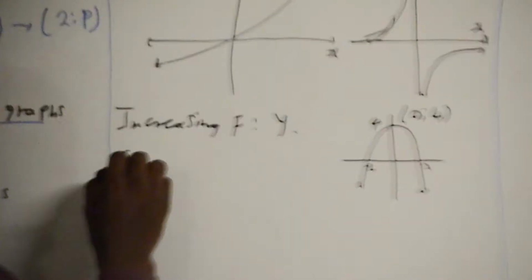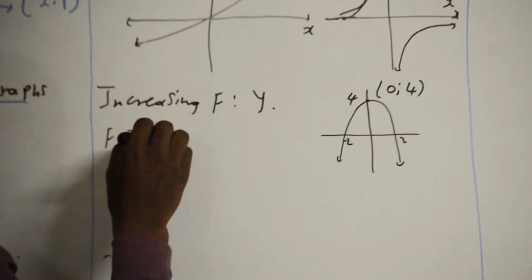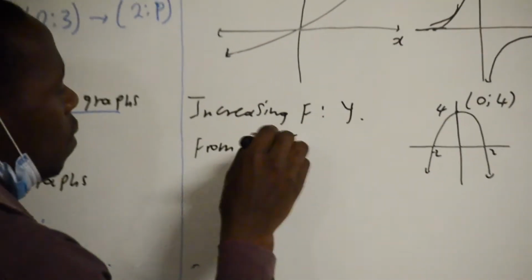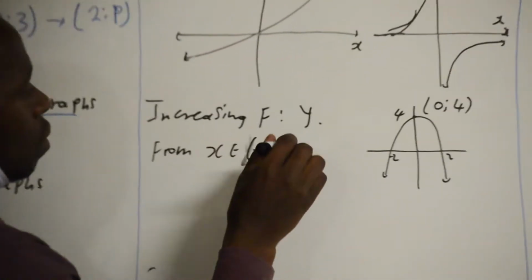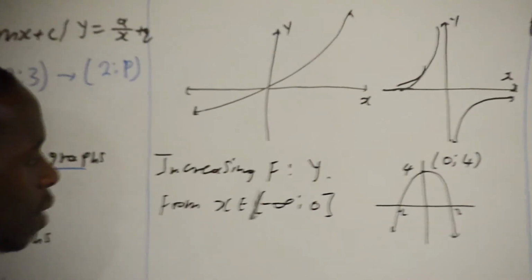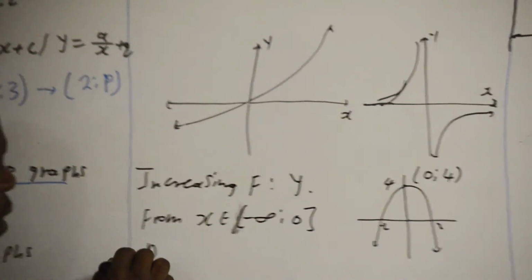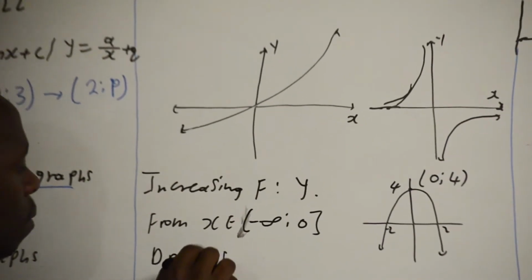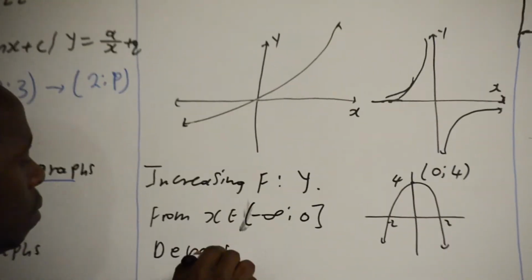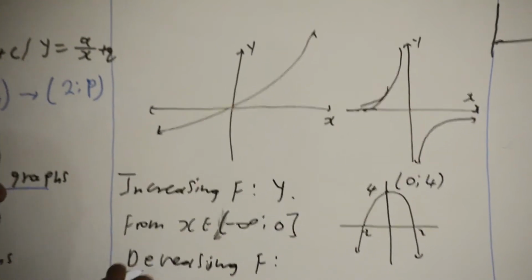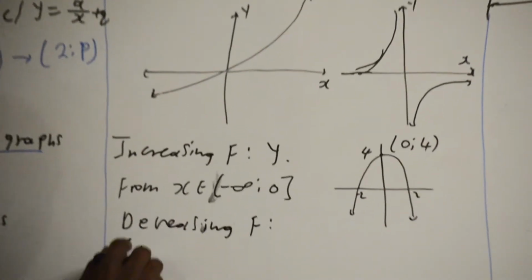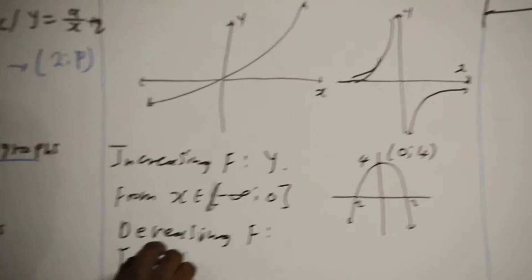From x an element of minus infinity to 0. Yeah, the graph goes up. Then it decreases from 0 to positive infinity.